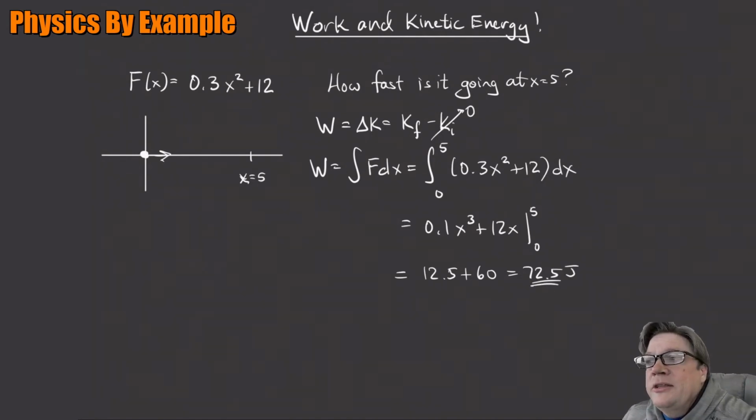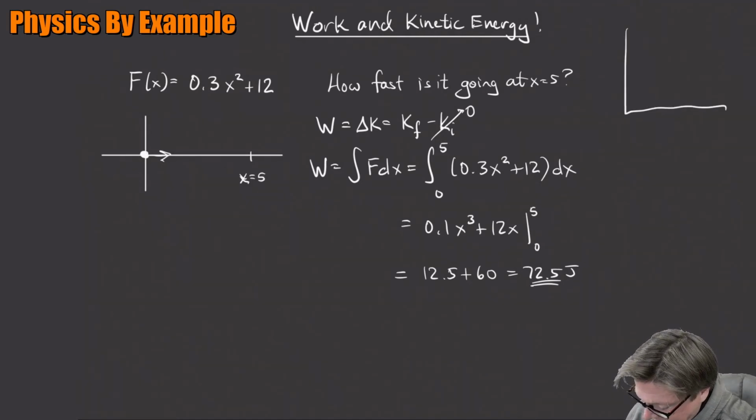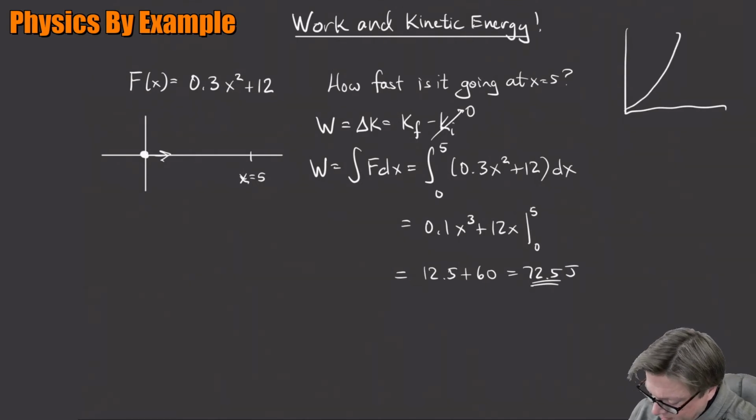So all along this path, even though the force is changing, I can compute the total area under that curve. This is some sort of parabola, I don't know, it looks like that. It starts off at 12 when x is 0, and then it goes as 0.3 x squared, something like that. I'm just sketching it.